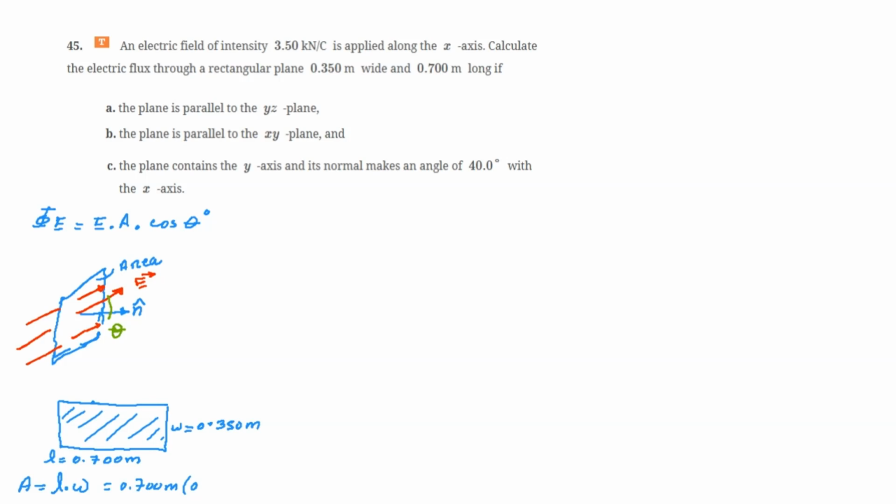Now, what is the third case? It's not perpendicular, it's not parallel. There is some angle. The problem is that when there is some angle, the area facing the electric field lines is smaller, right? The most area is when you have the plane perpendicular to the lines.